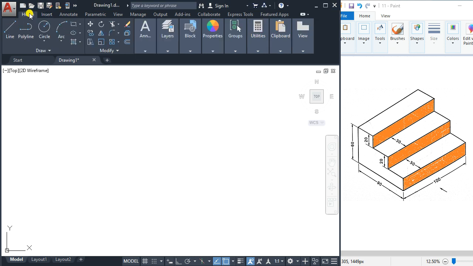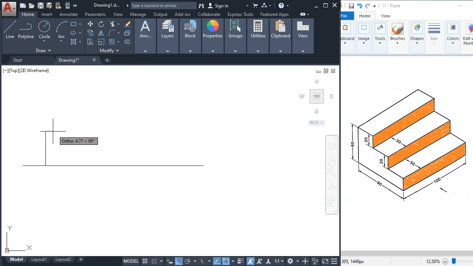Before drawing, first of all let us draw a reference line here. Suppose we are drawing the reference line this much, and here let us assume that this object is kept at some height, suppose 10 mm above HP.